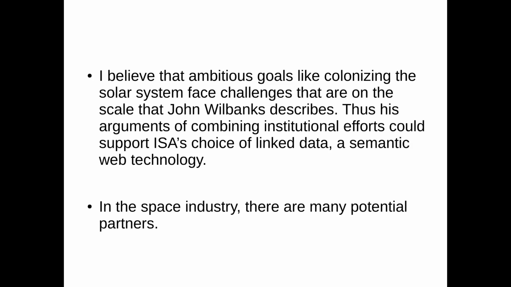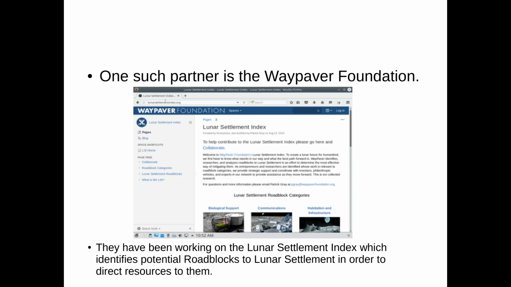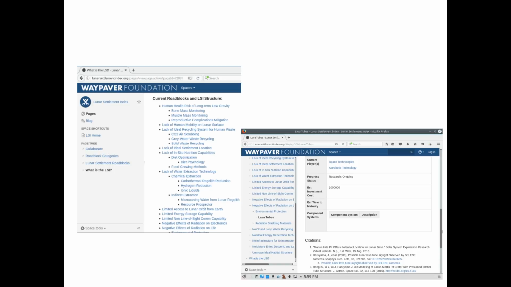In the space industry, there are many potential partners. One of these potential partners is the Waypaver Foundation. They have a lunar settlement index. It is organized into broad categories, and in each of these categories is a collection of roadblocks. And each of these roadblocks has a general solution, then a specific solution, and then for each specific solution there are certain current players.